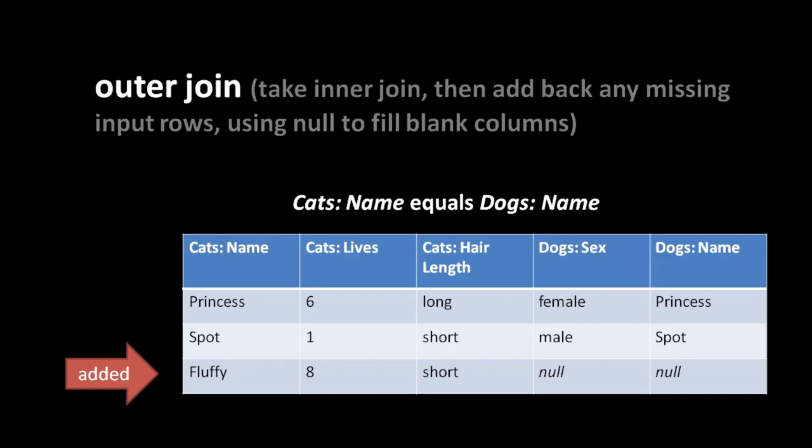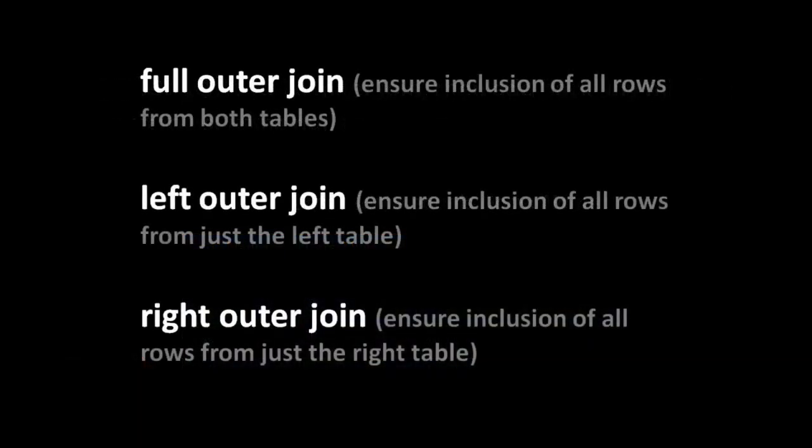The inner join left us without that row from one of the original tables, so we add it back in, but then we match it up against null values in the columns from the other table, in this case the dogs table columns. Now, there are actually 3 different kinds of outer joins. There's what's called a full outer join, which ensures inclusion of all rows from both of the input tables.